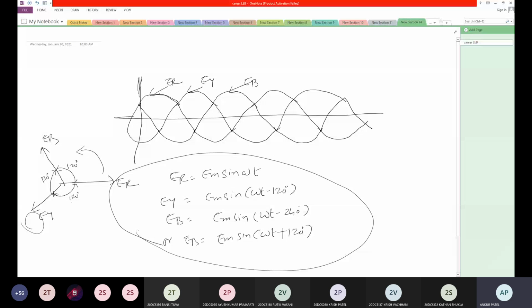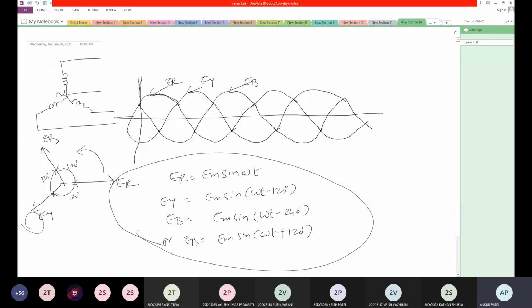Okay, the main advantage of three-phase is that if any failure occurs in any one of the phases, then the remaining two phases will work. Suppose I have a star connected load here. This is my neutral connection.